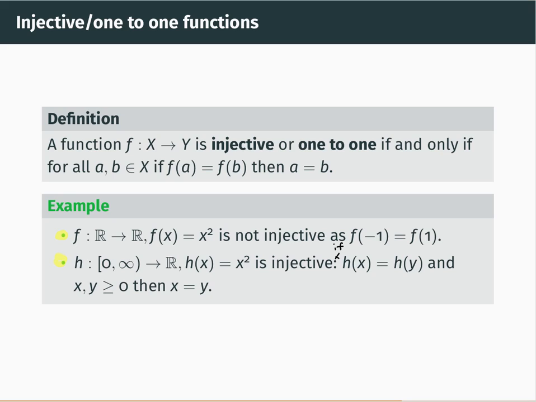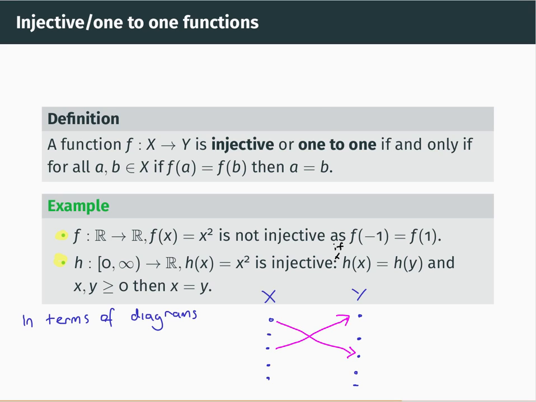So diagrammatically, I'm going to draw the same diagram as I always do, so some dots to represent elements of x, the domain, and some dots to represent elements of y, the codomain, and I'm going to draw arrows to show the image, the output of the function given an input in the domain, so perhaps it looks like this.